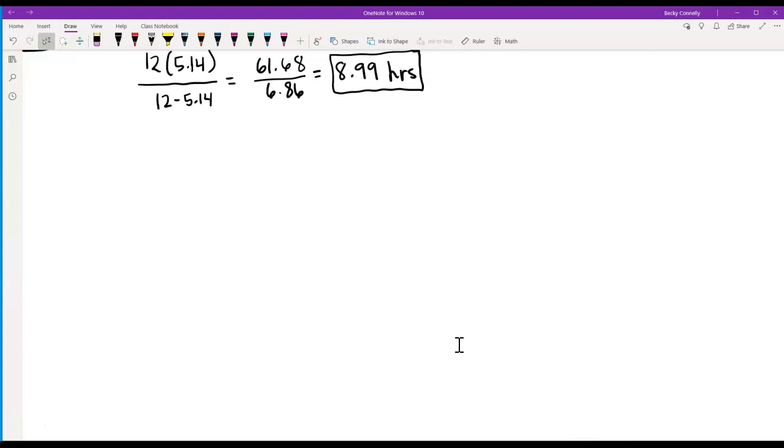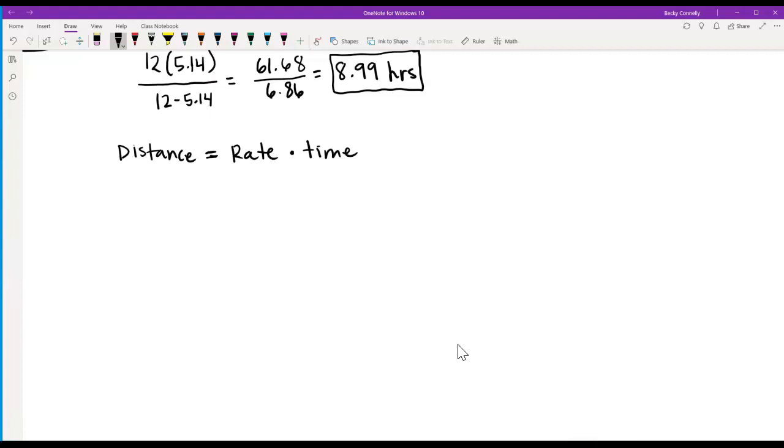So the other type of problems that show up in 5.5 have to do with motion. They're dealing with distance equals rate times time. All right, so let me write this here. So we've got distance equals rate times time. This is a formula that we use a lot in math, and you'll use it in other science classes as well.